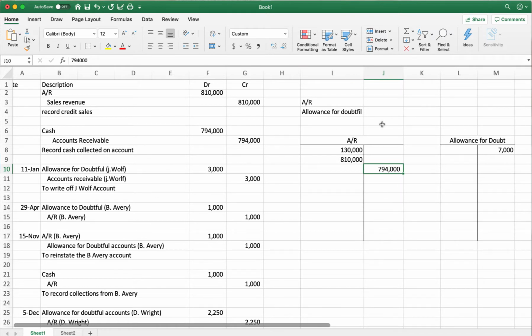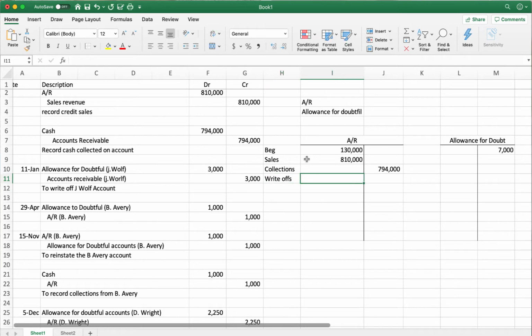Okay, we're cool so far. So I have my beginning balance. I have my sales revenue or credit sales. I have my collections. And then I need to figure out what my write-offs are.